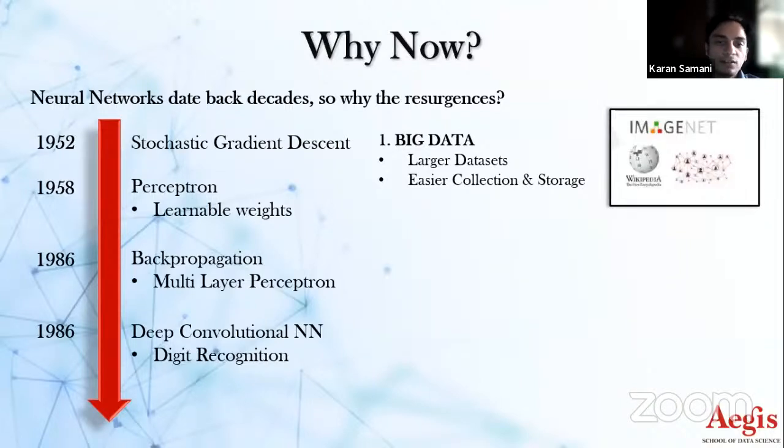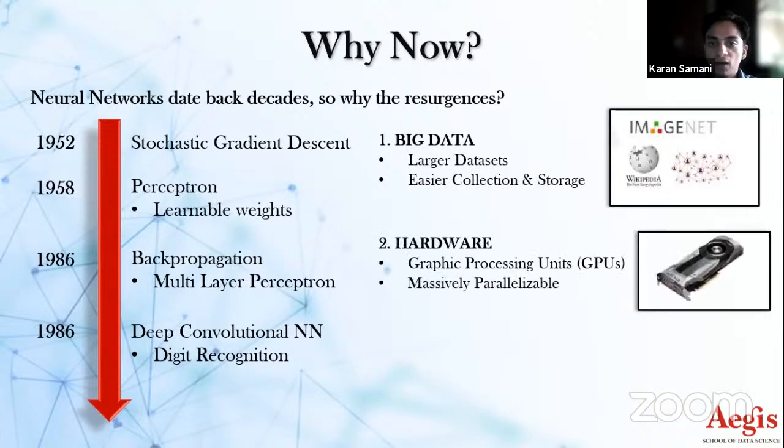One factor for deep learning or any kind of machine learning is that we need lots and lots of data. Second, this data is easier to collect and store right now, given there are multiple platforms like Google Cloud and Amazon AWS. We also have social media, and a lot of day-to-day interaction with the web. So that is why we have lots and lots of data. Okay, this is the first part.